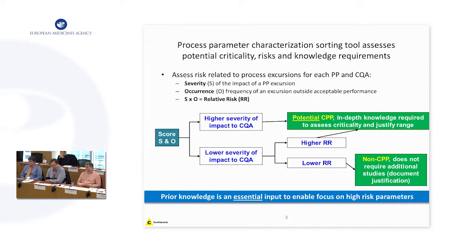So basically, things that have a high severity of impact to CQA, or maybe a lower severity but higher occurrence, are sorted into the potential CPP pool, where we require more in-depth knowledge, often product-specific knowledge, to assess their actual criticality and justify the ranges. And then there are lower risk parameters which we identify as non-CPPs based on previous knowledge that don't require additional studies, and then we need to document that justification.